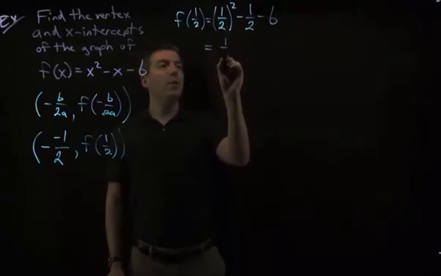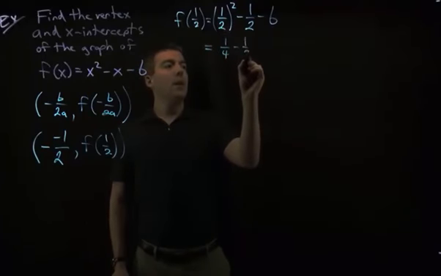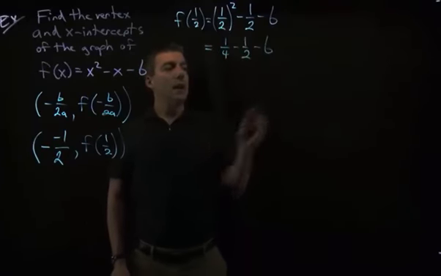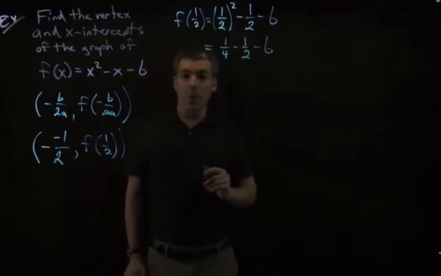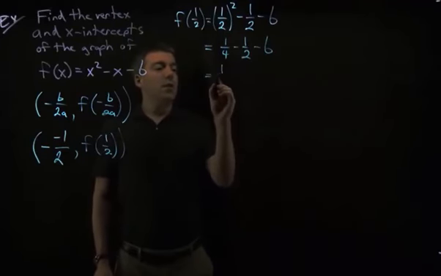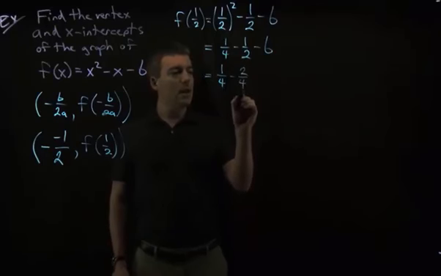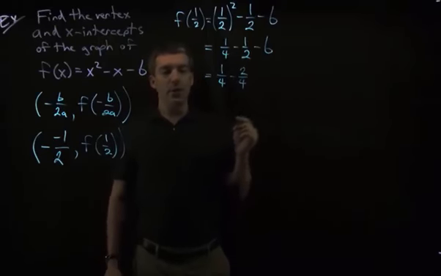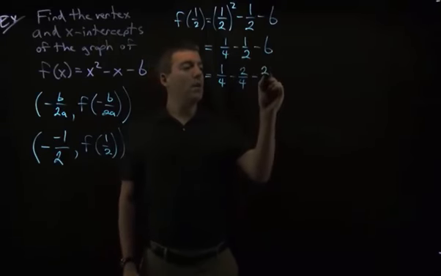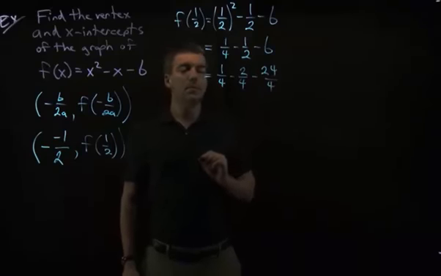1/2 squared is 1/4. Minus 1/2 minus 6. And then we can write everything in terms of fourths. So 1/4, 1/2 is 2/4, and 6 happens to be 24 fourths.